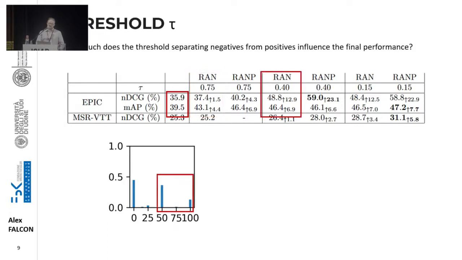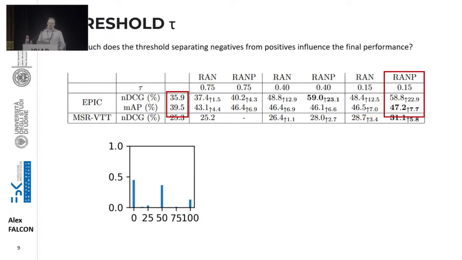Furthermore, if we decrease tau and therefore filter more and more captions from the pool of the negatives, we actually observe improvements of up to 13% in NDCG and around 7% in MAP.